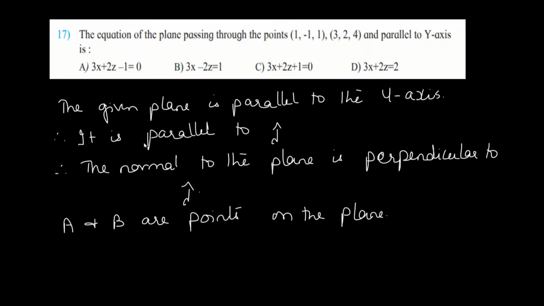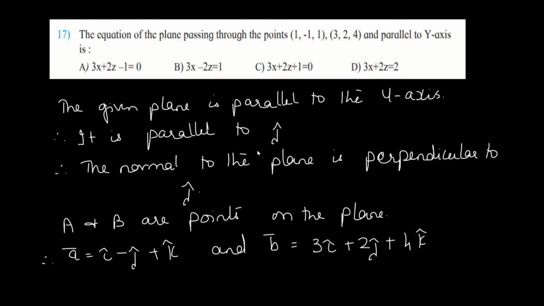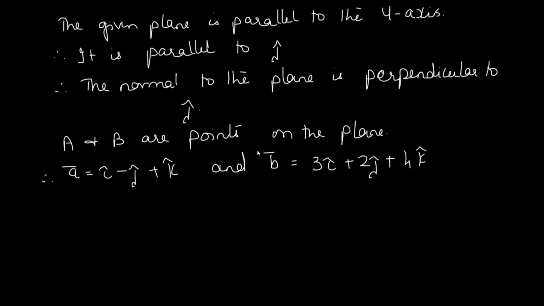That means the position vector A bar can be written as, suppose we take A as the first point which is given there as (1, -1, 1) and B as (3, 2, 4), then we get A bar is equal to i minus j plus k, and B bar, the position vector of B, will be given as 3i plus 2j plus 4k. Now these are points on the plane.